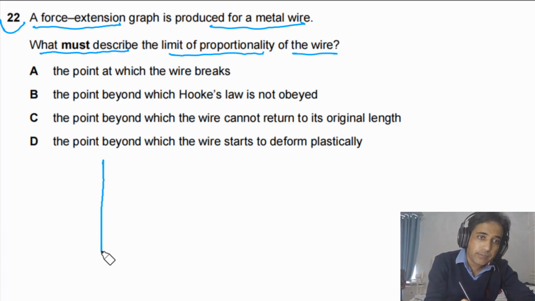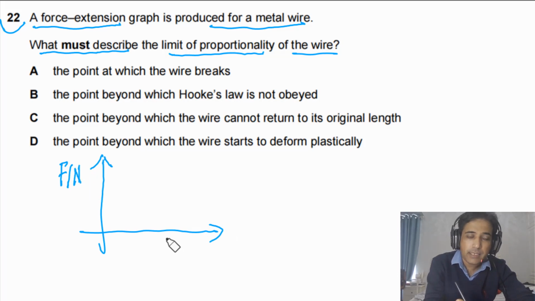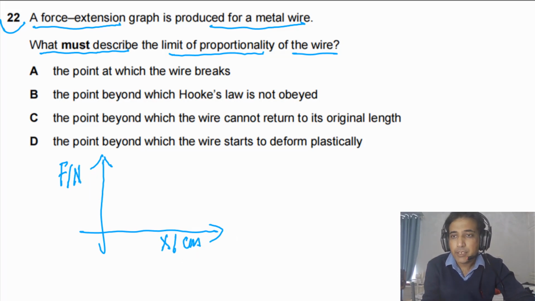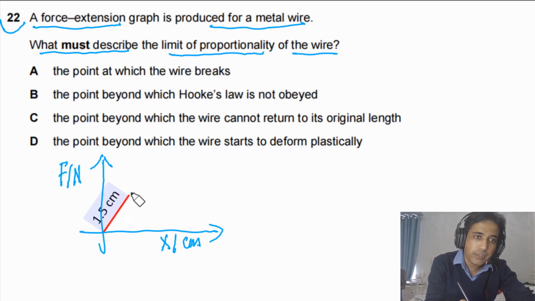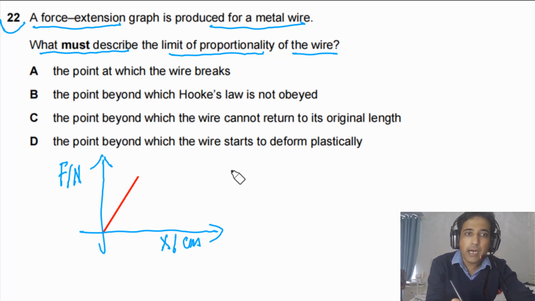Let's try to understand this with the help of a simple graph. Imagine that we have force on the y-axis and extension on the x-axis. If we sketch the graph, the shape should be somewhat like this. Until this point, two quantities are proportional. After that, the shape of the graph may be like this.